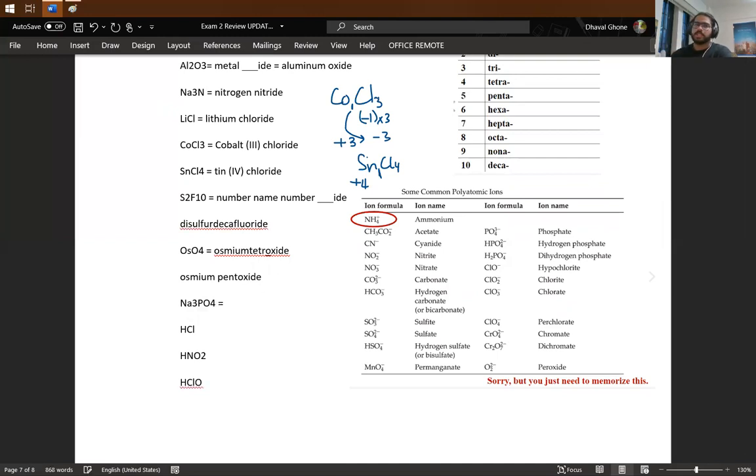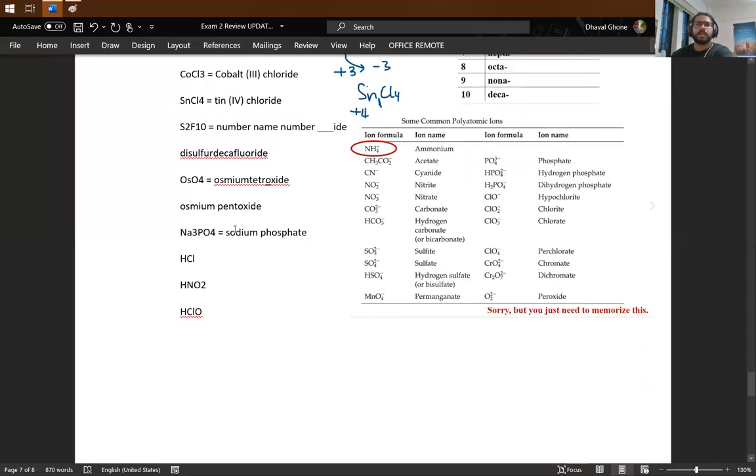So this also follows the metal, blank-ide name. But the blank-ide is really from this table. So the first metal here is sodium, and then PO4, if you see over here, is phosphate. So it's sodium phosphate. Okay, you can do this for any metal and polyatomic name from this chart.